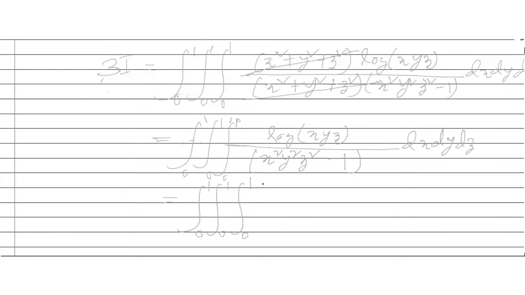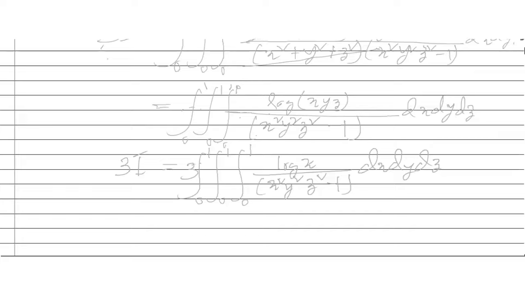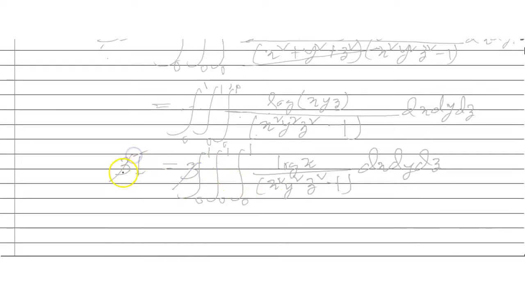Using the property of symmetry, I is equal to 3 into log x divided by x squared y squared z squared minus 1 dx dy and dz. And 3 cut, so I get this value.